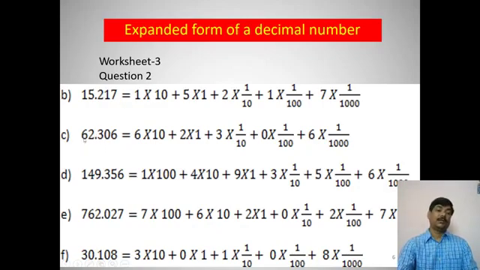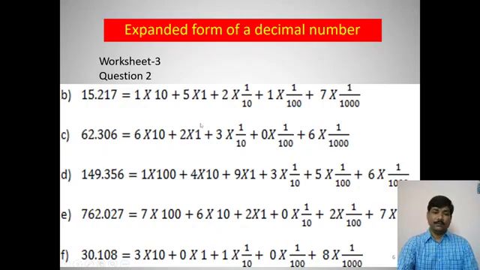Now in this number, 6 is at the 10th place, so 6 multiplied by 10, plus 2 is at the 1st place, so 2 multiplied by 1, plus 3 is at the 10th place, so 3 multiplied by 1 upon 10, plus 0 is at the 100th place, so 0 multiplied by 1 upon 100, because 1 upon 100 is the place value of the 100th place, plus 6 multiplied by 1 upon 1000 because 6 is at the 1000th place.